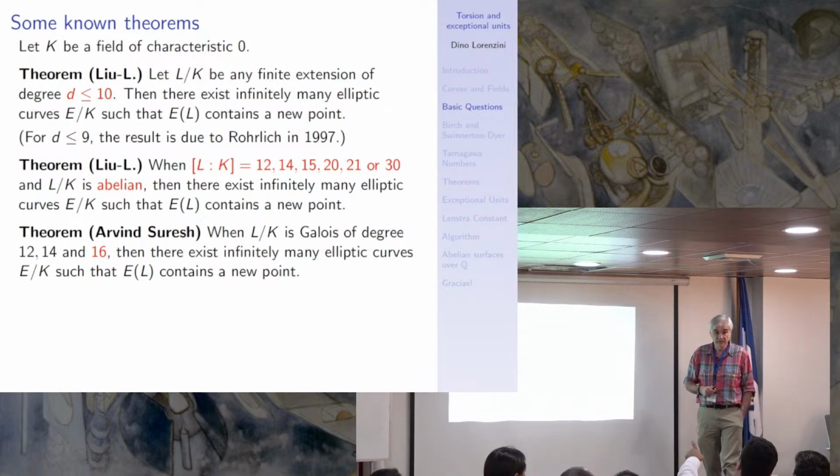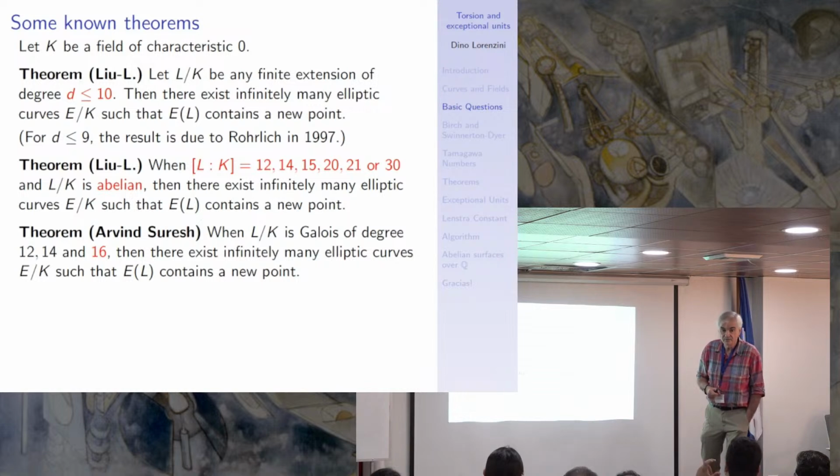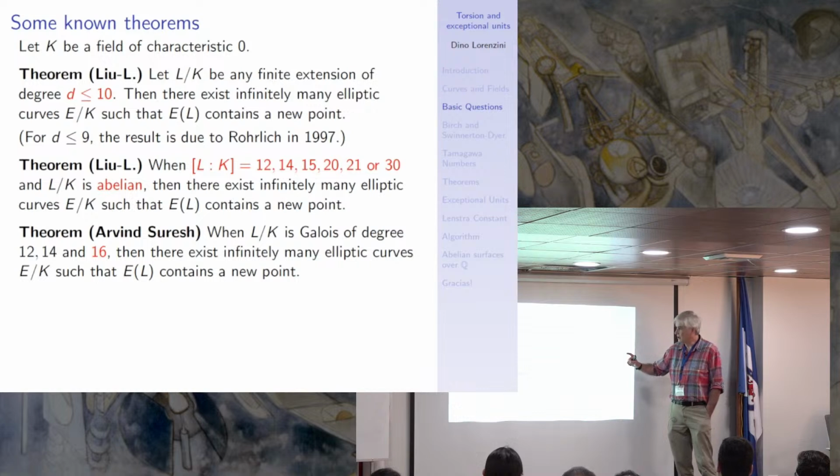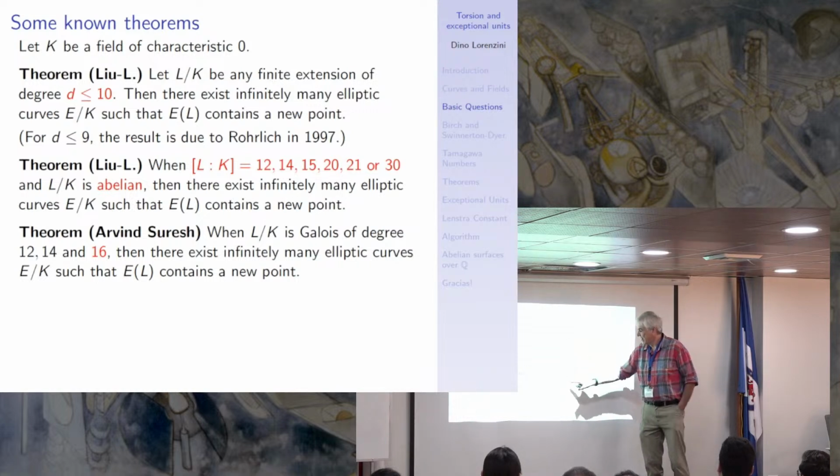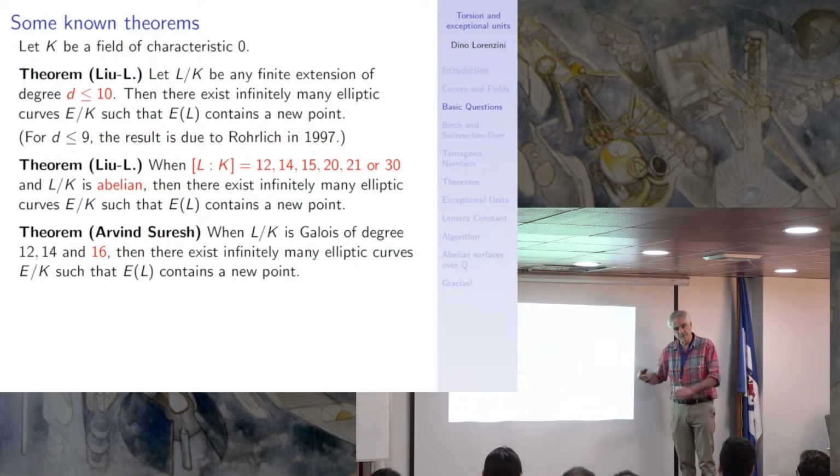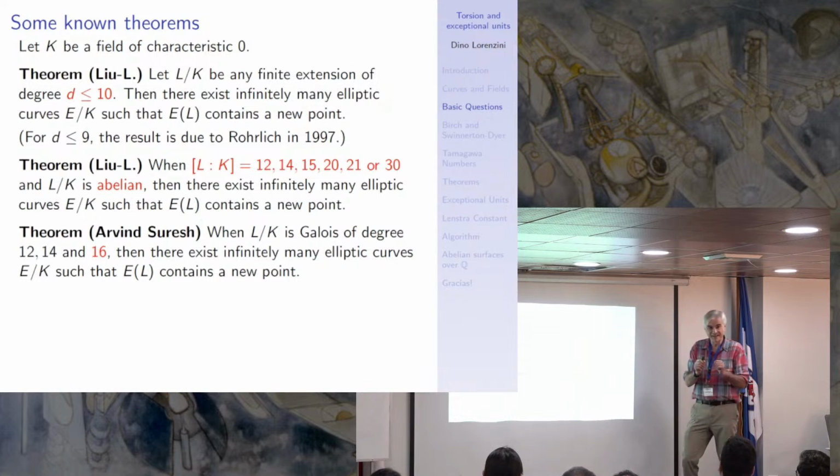Yes? Sorry, in these theorems, they actually are able to construct elliptic curve such that contains a new point explicitly, or just proves that it exists? No, for all these results, as soon as you get infinitely many, it's a construction.